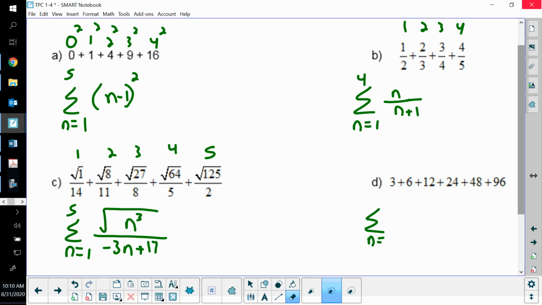And the last example, we'll start with our n equals 1. So 6 would go on top. Our pattern this time is we're multiplying by 2. So we need to think exponential, like an a times b to the x, or to the n in this case. So we know we're going to have 2 to the n. 2 to the first is 2, and we want to get back 3.